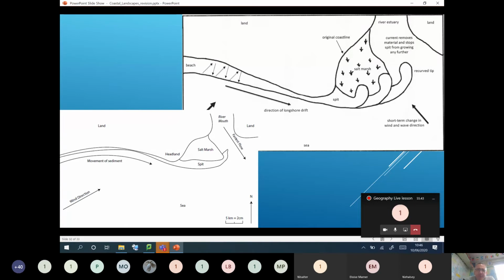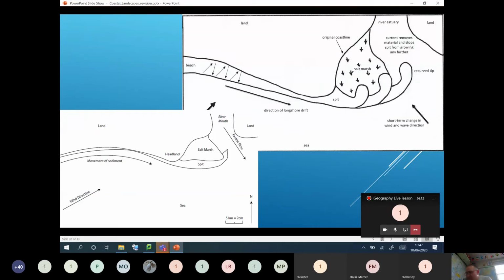So yes, we have got the recurved tip at the end of the spit. For explanation 3, we could start to talk about the recurved tip. You need to say why there's a recurved tip. Could you mention in the comments, why is there a recurved tip? Why is the end of the spit changing direction? Anyone put in the comments?